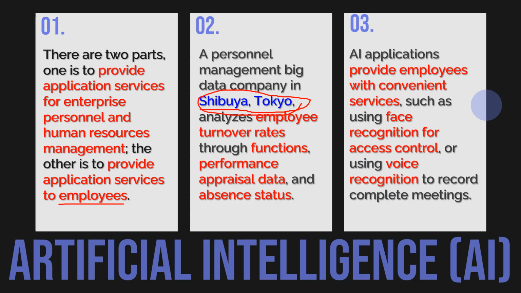Maybe after 5 years, I'm not sure, you come to this class, and by facial recognition, I don't have to call the attendance. So that's a good application for HR management.